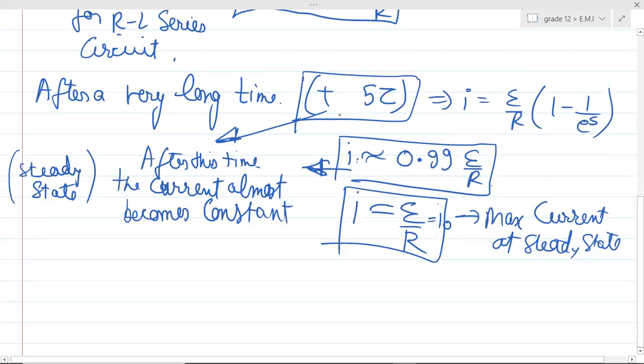Let me make it equal. At t equals 5 tau, the current is equal to 0.99 times E by R. Then we can approximate it to E by R. Okay?